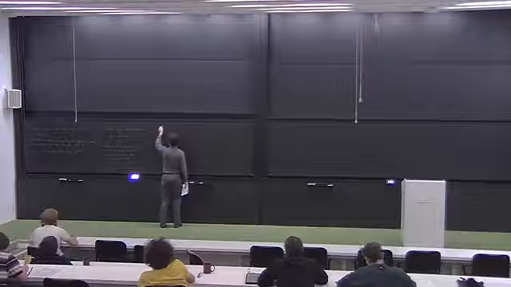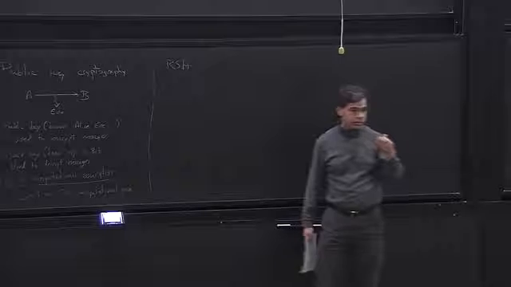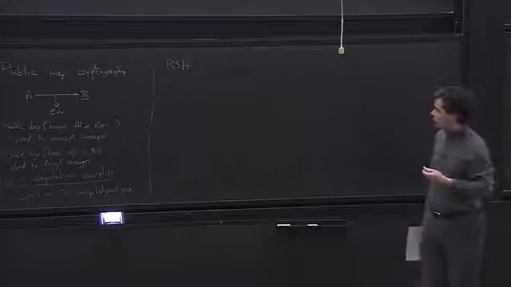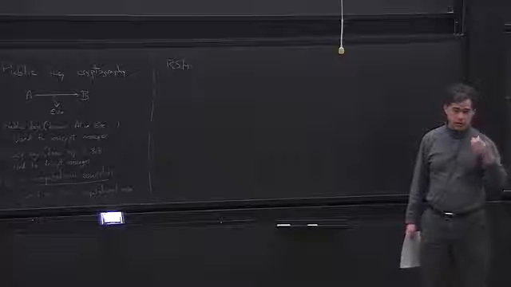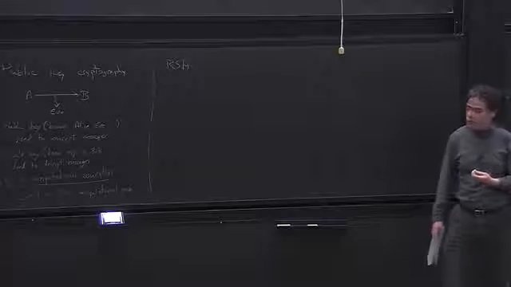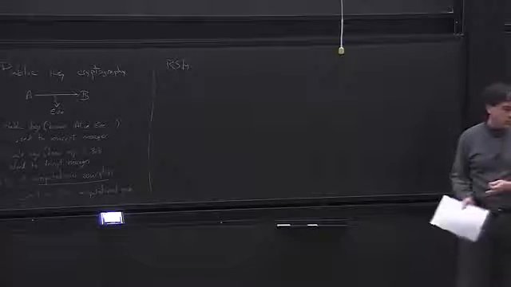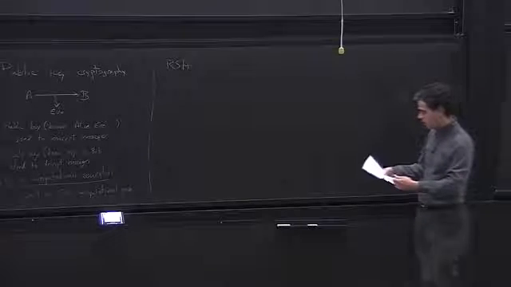So how does RSA work? RSA is named after its inventors, Rivest, Shamir, and Adleman. Although it turns out it was actually known to the British cryptographic agency, GCHQ, some years before it was discovered in the public domain.